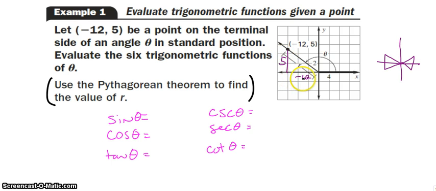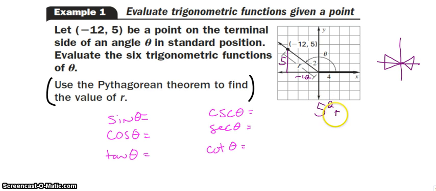Now with real triangles, we would never say that a length was -12, but because we're talking about the coordinate plane, we're considering that length -12. And then we need to find r. In order to find r, we are going to use the Pythagorean theorem. Because this section is going to be a lot of no calculator, in fact, you'll be assessed on it entirely no calculator, I will try to use a lot of those Pythagorean triples that I was telling you about, but you can always do the Pythagorean theorem anyway. The numbers will work out nicely for your purposes.